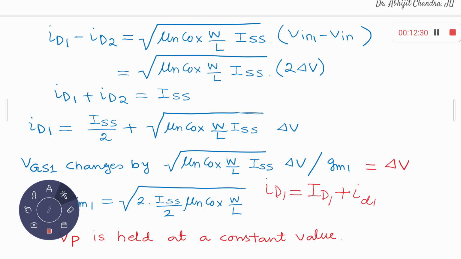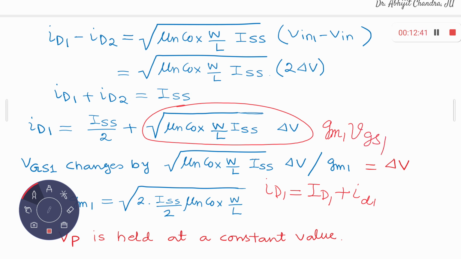So I can write this entire thing as gm1 times vgs1. This is the small signal part, gm1 times vgs1. Now what is your vgs1 here? What is gm1?